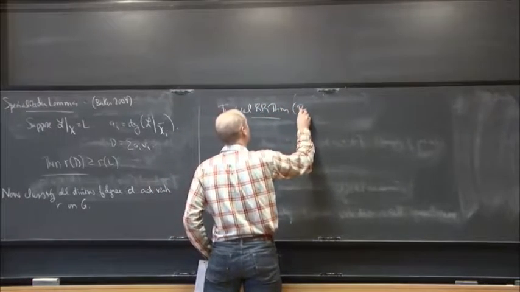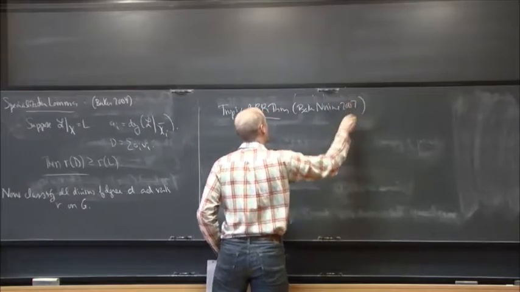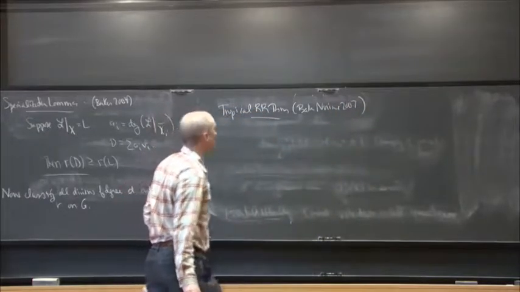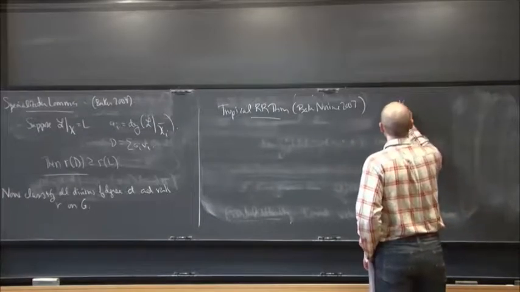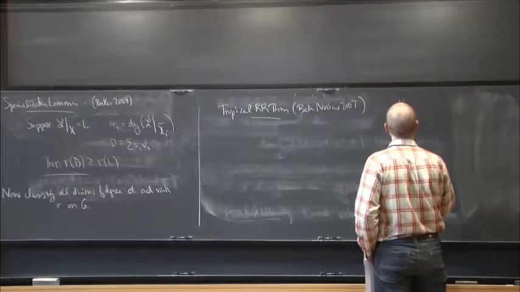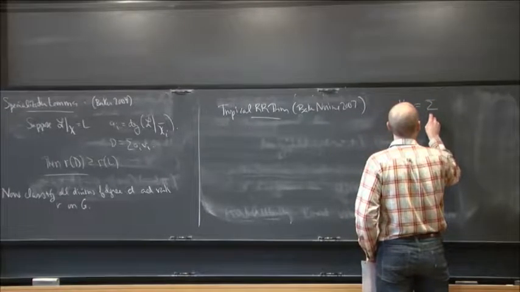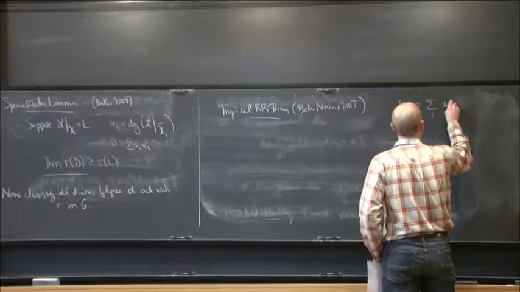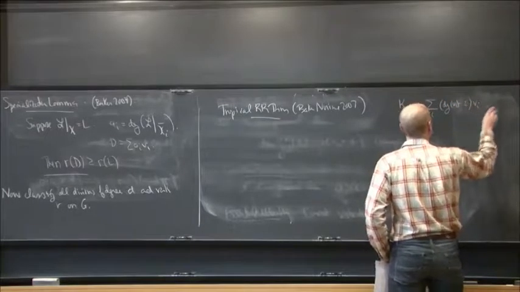So this is from the first paper where the definition of rank appeared, by Baker and Norine. And so here, in order to state a Riemann-Roch theorem, we need a canonical divisor, which actually came much earlier. So K_G is the sum over all vertices of the degree of the vertex minus 2 times the vertex.